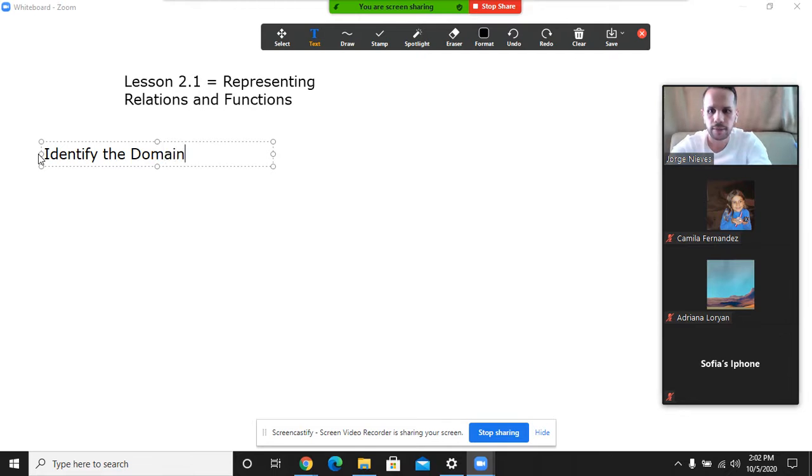the domain and range. ¿Se acuerda que el domain son las X y el rango son las Y? Identify the domain and range of the given relation.